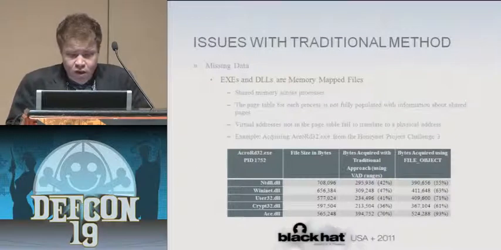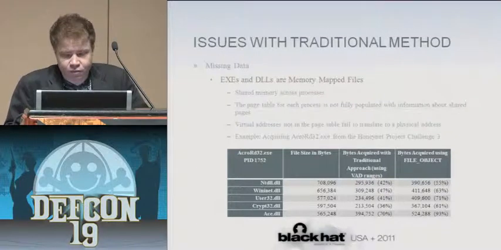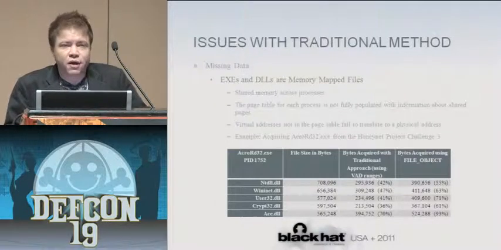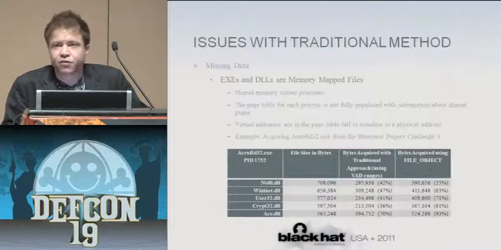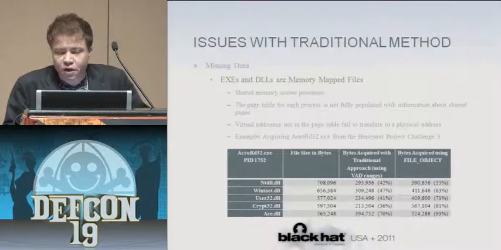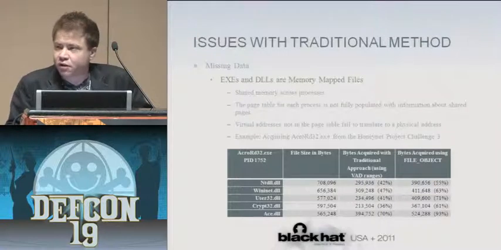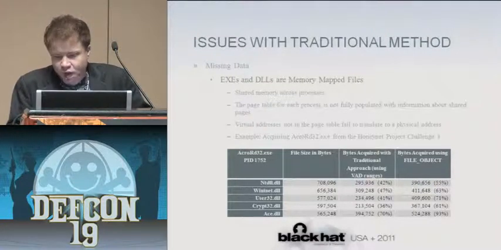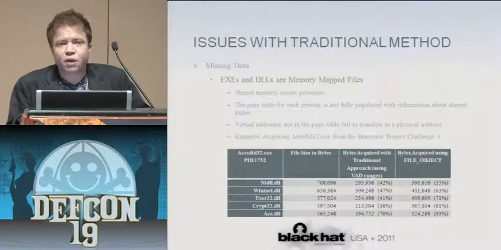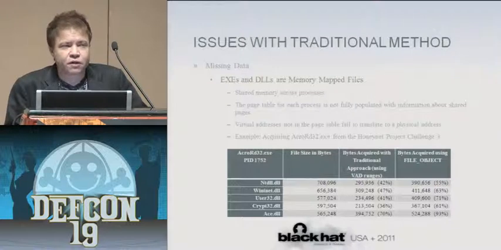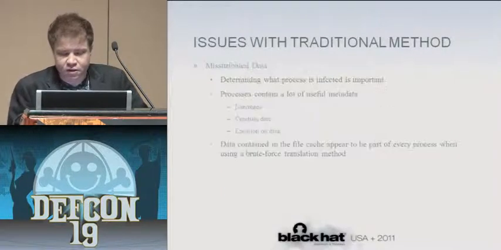So for instance, with the ace.dll, we got 70% of it using the traditional method, but we were able to increase that to 93% using this more accurate method of the file objects. Also, we'll talk about in a moment how this number may go up to actually 100% if you're running on a live system and not a memory image, because you have access to the disk.